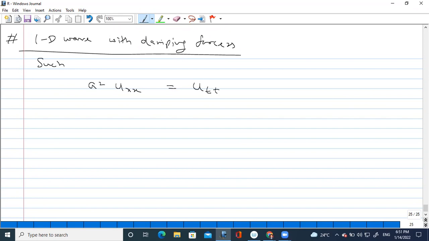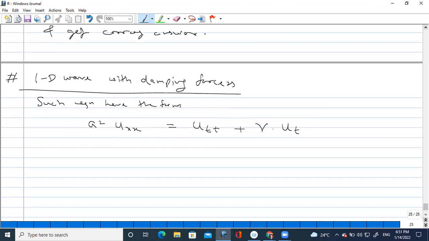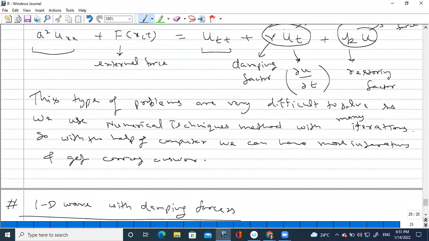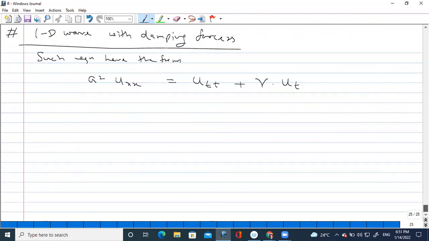So in that you only have to add the damping factor, that's it. Such an equation has this form. In that you have to add the damping force. The damping force is gamma into ut, I already told you. This gamma into ut you have to add. Ut means del u by del t. Okay, so this will become your equation.